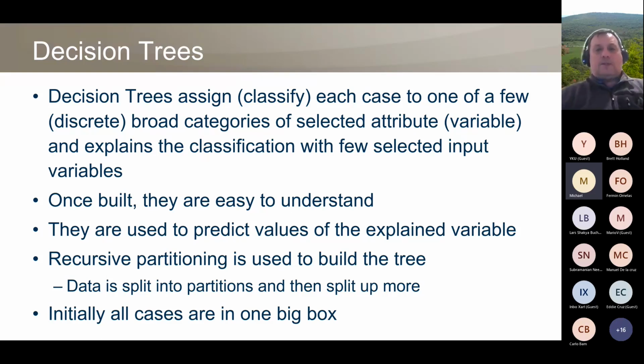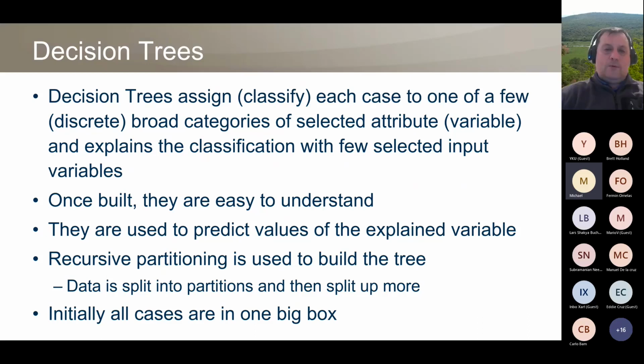So decision trees classify each case, each new case, to one of a few discrete categories of target attribute. So we explain then this classification with input variables or input attributes. Decision trees are very popular in data mining because they are easy to understand.